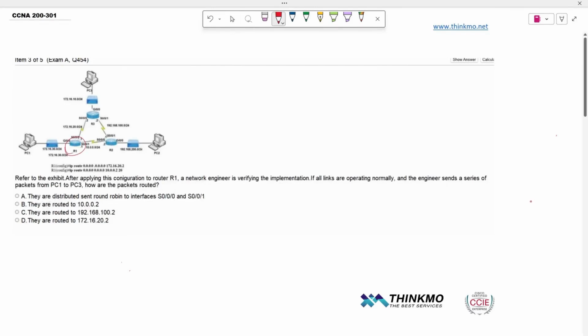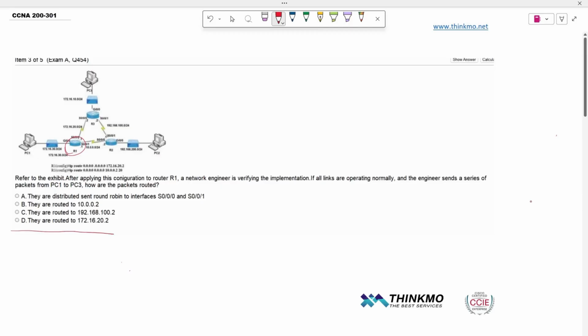When it's applied to router 1, 2 static routes are written, and the network company is verifying the implementation. So if all the links are functioning properly, and the company sends a series of data packets from PC1 to PC3, which route should these packets match? Actually, after all this lengthy explanation, it's just asking you, which route should PC1 to PC3 match? They will precisely match this particular route.